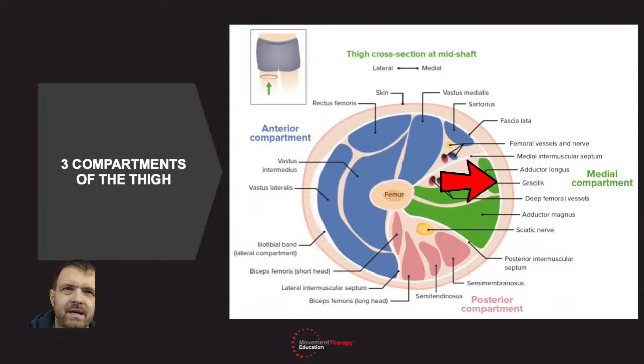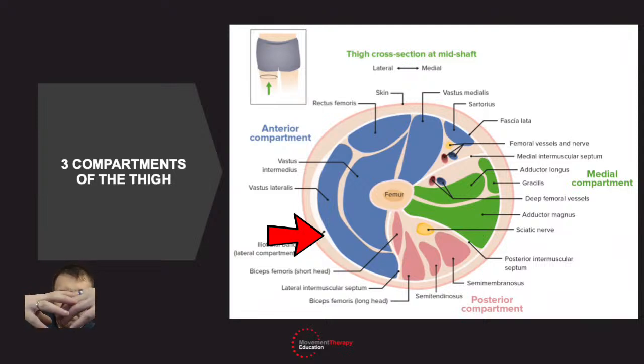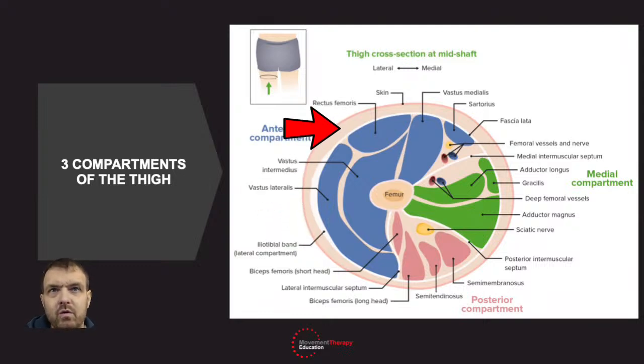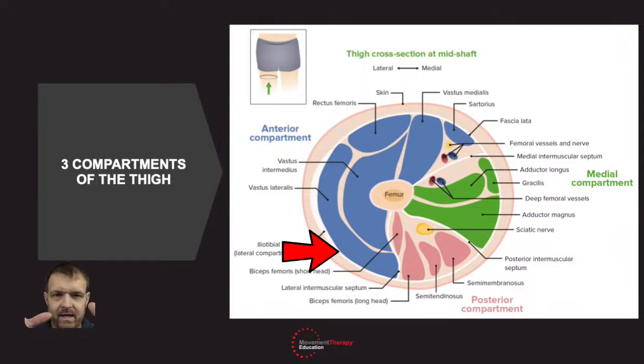It goes all the way around the whole leg, and then back again. So this is what I was saying last week. The IT band is just a thickening of the fascia that surrounds the whole leg. And then that goes all the way down into the shin as well. So the whole thigh, the whole leg, everything is covered in this ring of fascia.